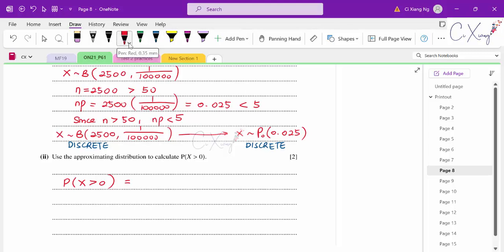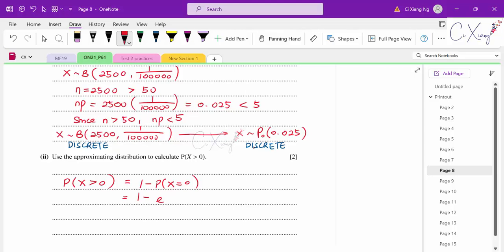Then I can directly find the probability by using Poisson. So to find the probability for X greater than 0, you can include X equals 1, X equals 2, X equals 3, until X equals infinity in Poisson. So to make the steps shorter and also easier, we take 1 minus P of X equals 0 to get the probability, right? So I take 1 minus.